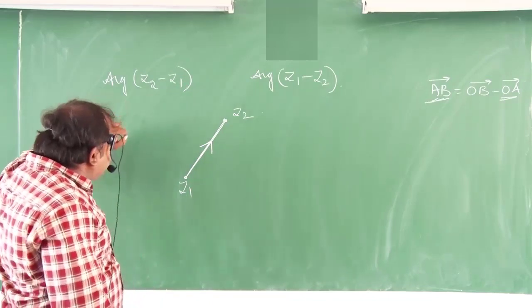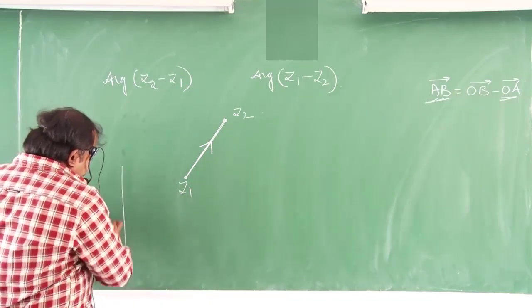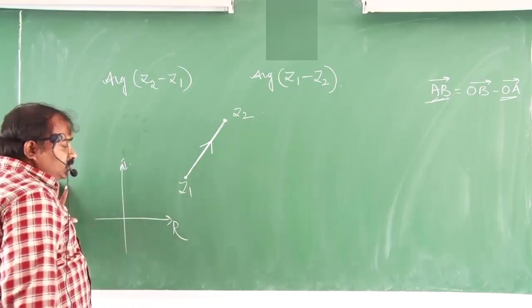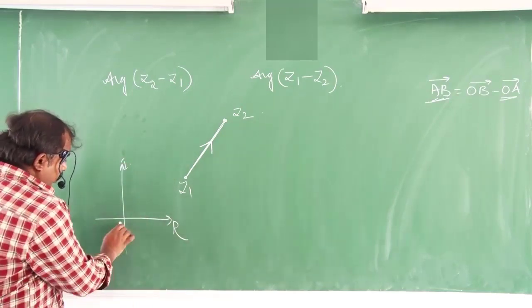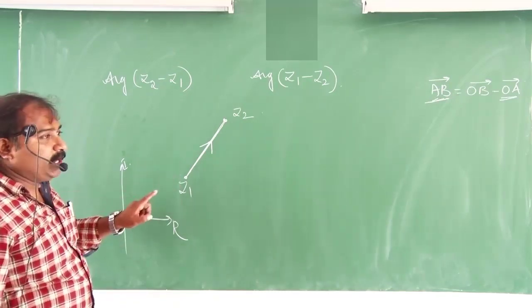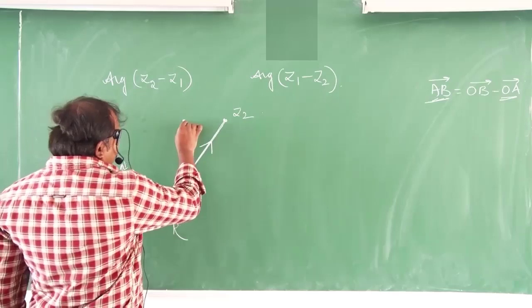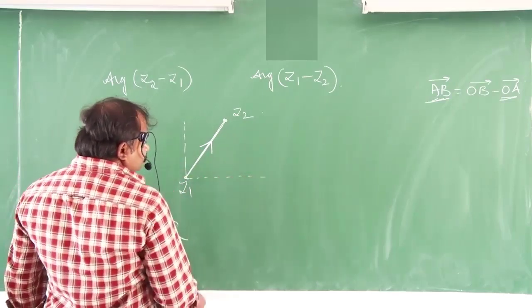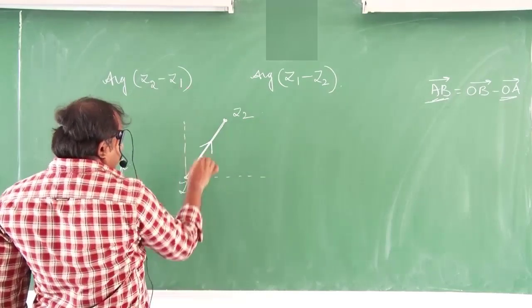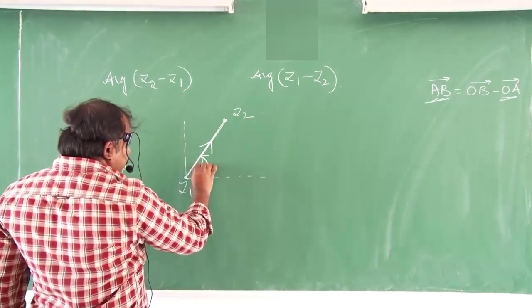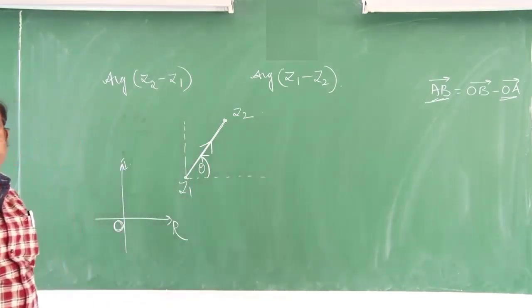And they are asking the argument. So let this be the real axis and this the imaginary axis. You can shift the origin so that it coincides with this point. Then argument of Z2 minus Z1 means this angle theta. This is the logical meaning.